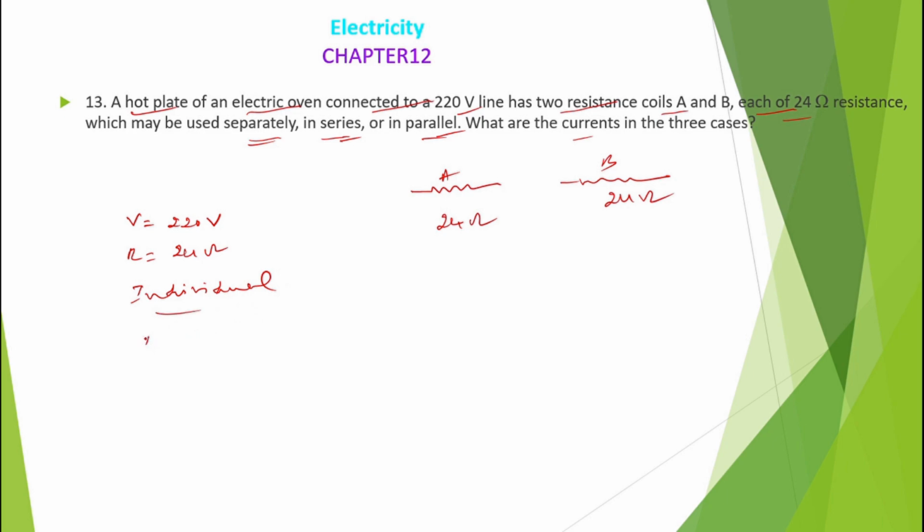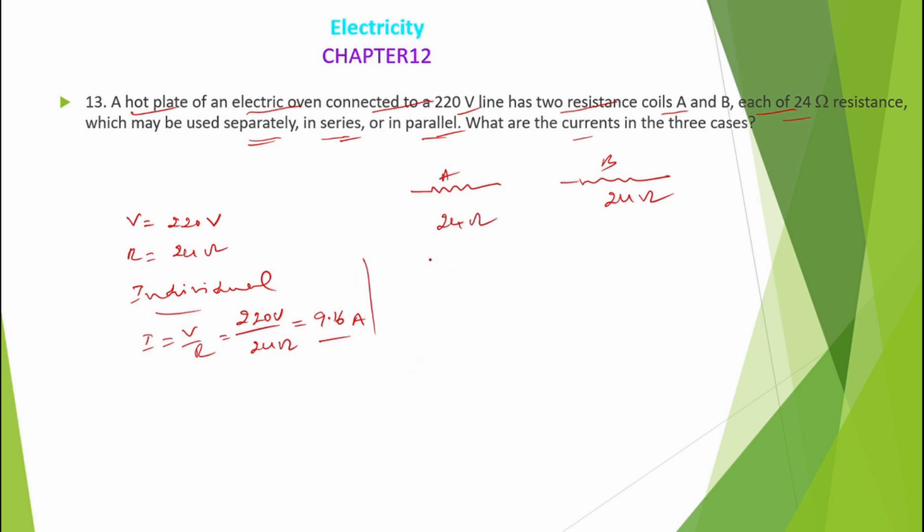So I is equal to V by R. So V is 220 volt divided by R is 24 ohm. You simplify, you will get 9.16 amps. In both of them, if you take, the same current will be flowing.